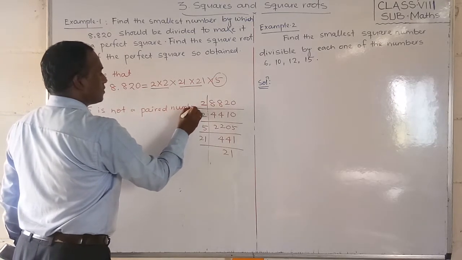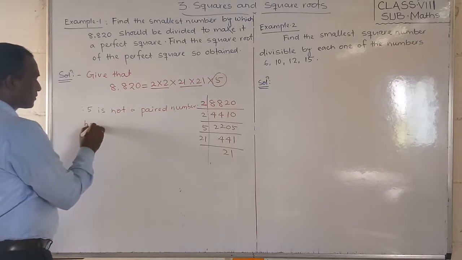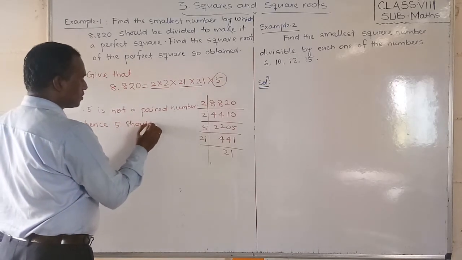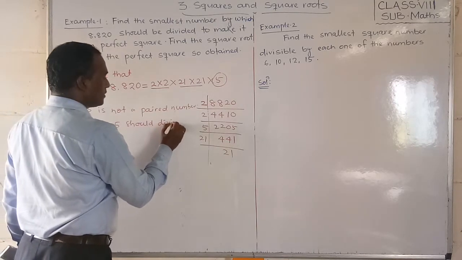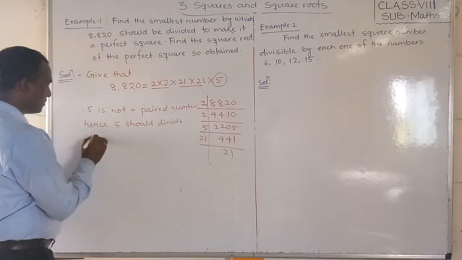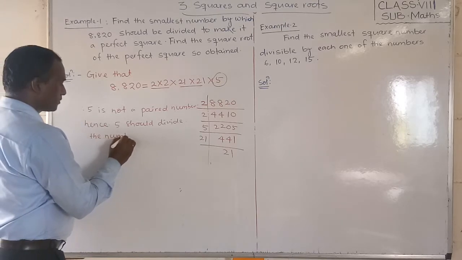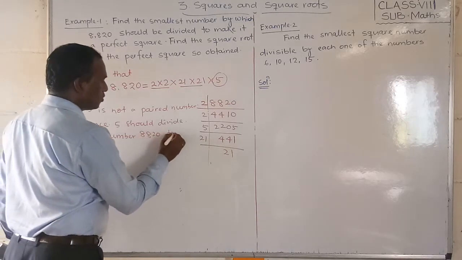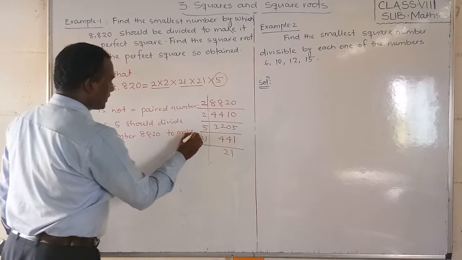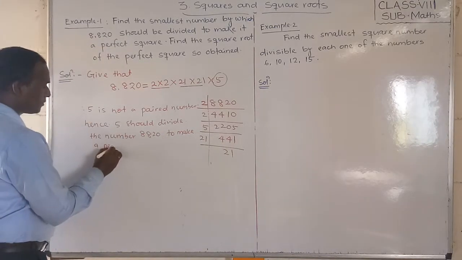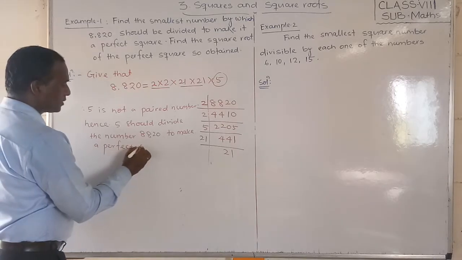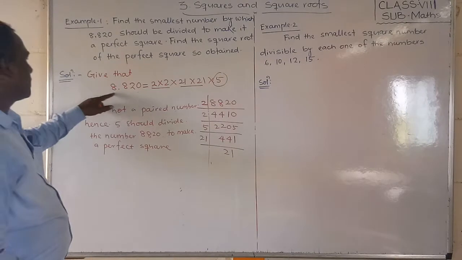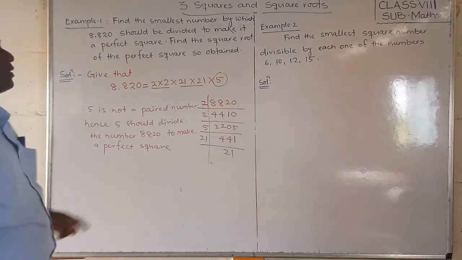Hence 5 should divide the number 8820 to make a perfect square. If you divide this number by 5, then it will become a perfect square.